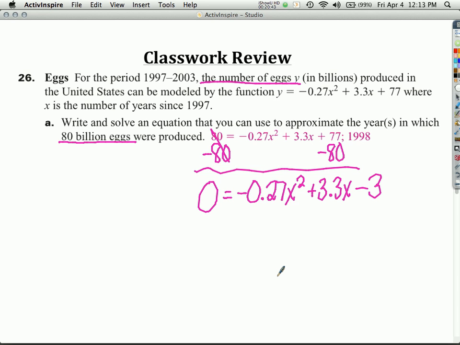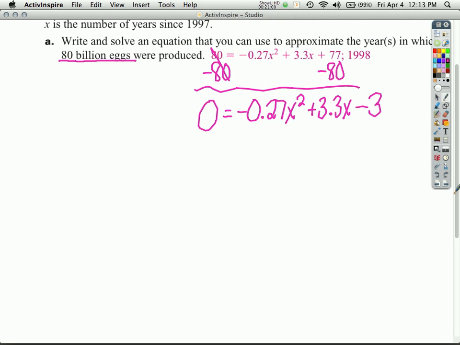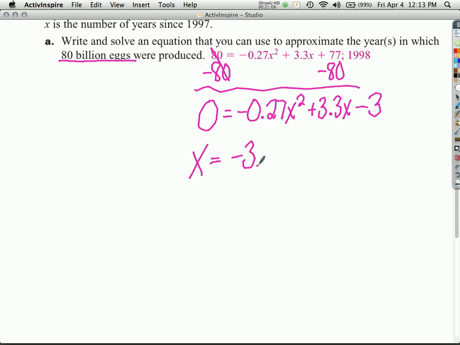So what's our last resort that you just learned today? Quadratic formula. So A, B, C. Plug it all in and work it out. That's it. I'm not saying it's super fun. I'm just saying that you should have been able to do that. X equals the opposite of B plus or minus the square root of B squared.